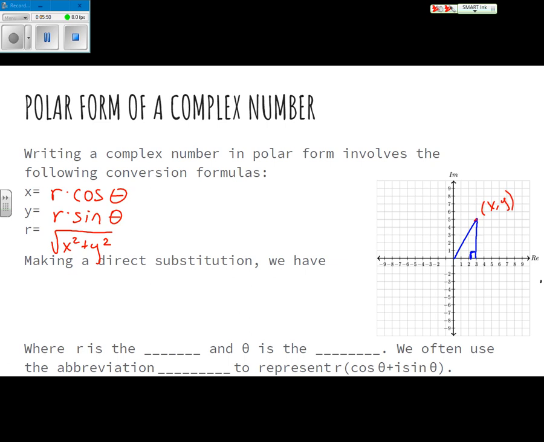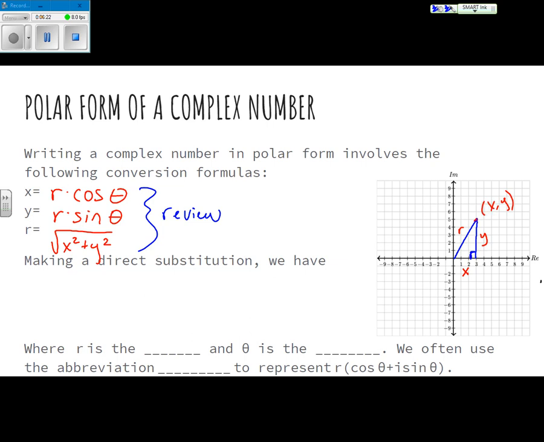What I want to do is switch it to polar form, where x is how far I went on the real axis, y is how far I went on the imaginary axis, and then my r is called the absolute value. It's the distance from the origin out to this point right here. All of this should be a review from our right triangle trigonometry.